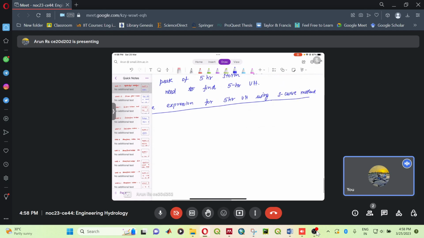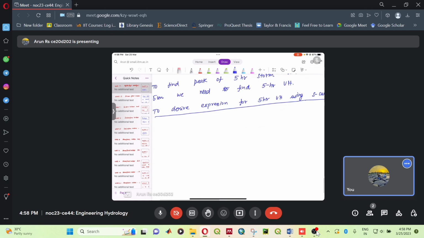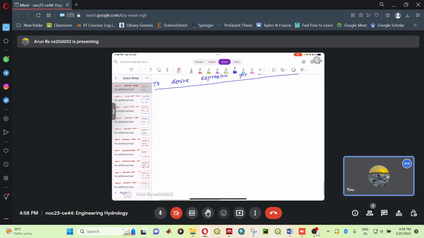We know that if the S-curve is given, we can lag the S-curve, and then we can take the offset of it, and we can find out the unit hydrograph for a different duration. So given is a 2-hour unit hydrograph, and we need to find out the 5-hour unit hydrograph. So we are going to lag this particular S-curve by 5 hours.